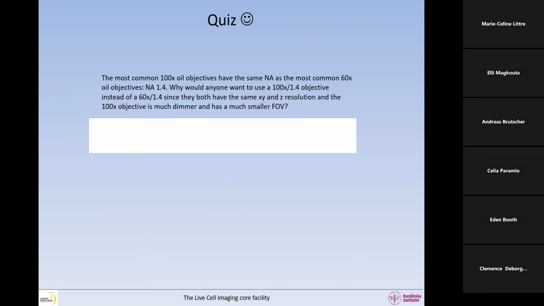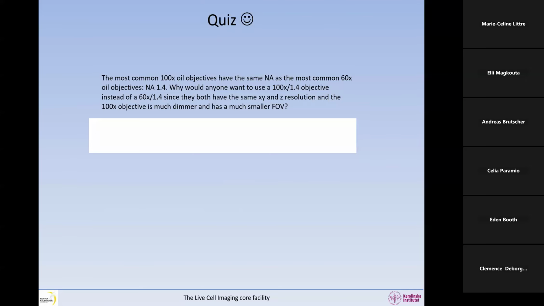Why would we want to use a 100x objective instead of a 60x objective? If the person is using a camera-based system, then the digital resolution is the camera pixel divided by the magnification. And so with the 100x objective, this person can get a better pixel.